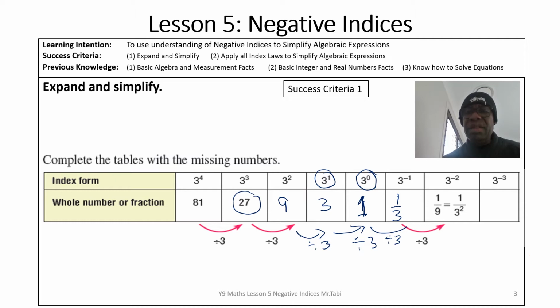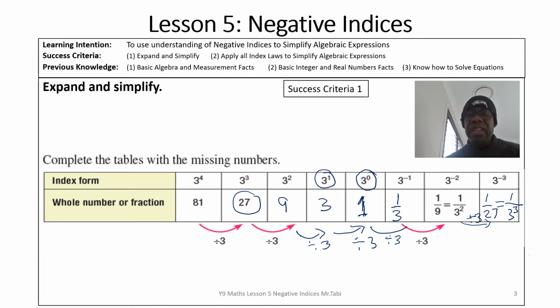And 1/3 divided by 3 again will give us 1/9, which is 1/3 squared. And again, that divided by 3 again will give us 1/27, which is the same as 1/3 to the power of 3.